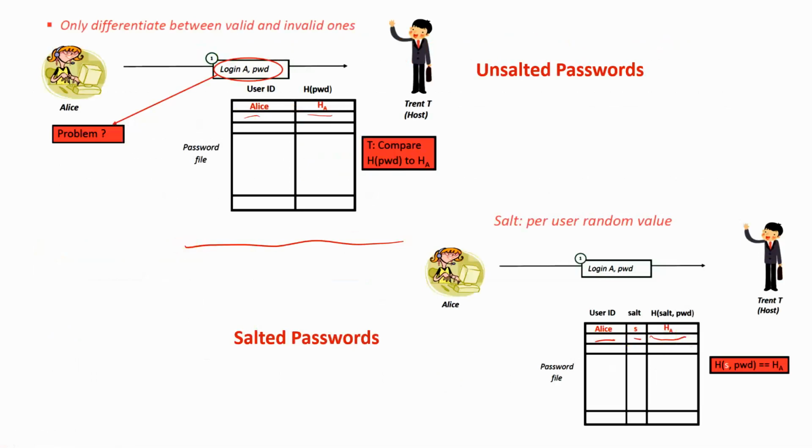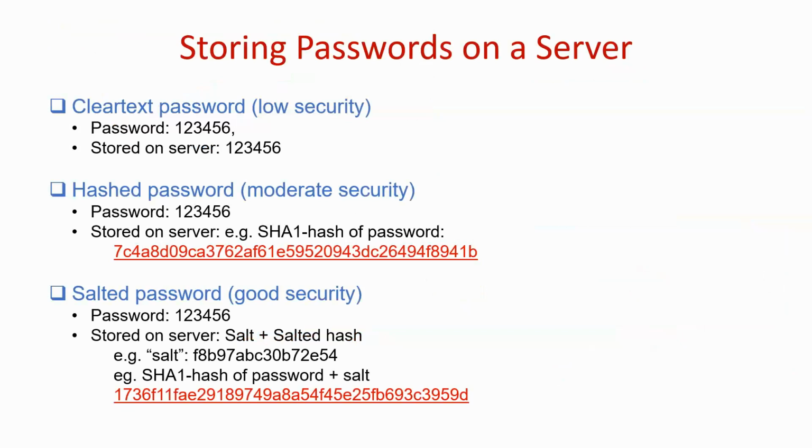So now, all of a sudden, you have significantly increased the complexity of this attack by introducing this random value called a salt that is attached to each password, dramatically increasing the search space that the attacker would have to look into before finding the right combination of salt and password. So these are examples of how they are stored.